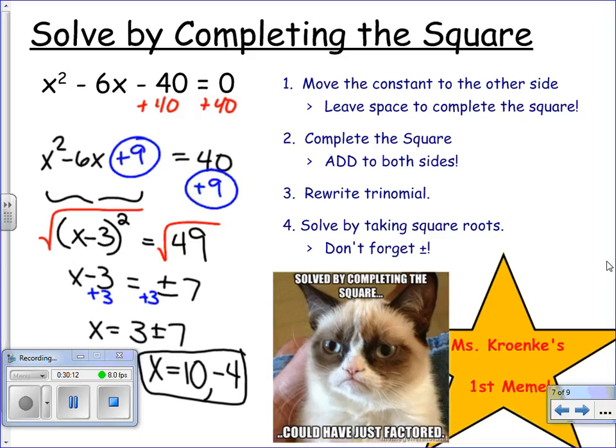Well, there's Grumpy Cat. And Grumpy Cat is saying he solved by completing the square when he could have just factored it. So when you get these nice numbers, this means that your original trinomial was factorable. It can solve by factor or it can solve by completing the square. You'll get the same answers, but completing the square is probably more work. So if I were to have looked at this more carefully in the beginning, do I have factors of negative 40 that add to make negative 6?